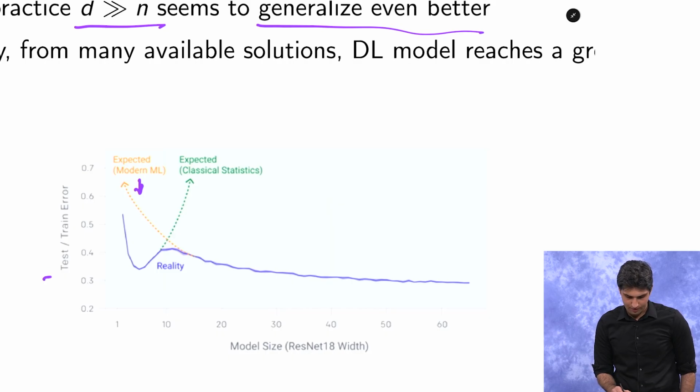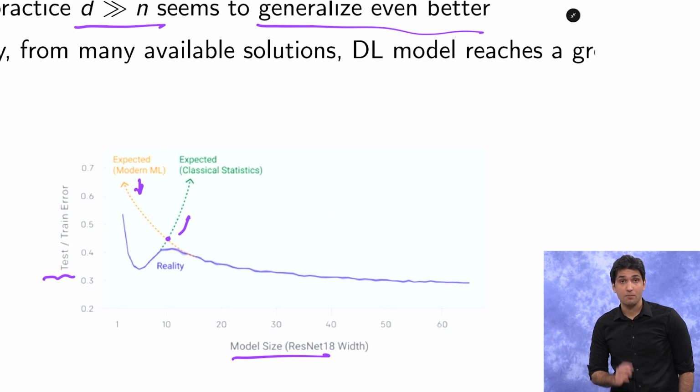Essentially, as I increase the model size, the training error is going to decrease, until a point after which, as I increase the model size, the test error has to go up due to overfitting. But this is not the phenomenon that we are observing in practice.